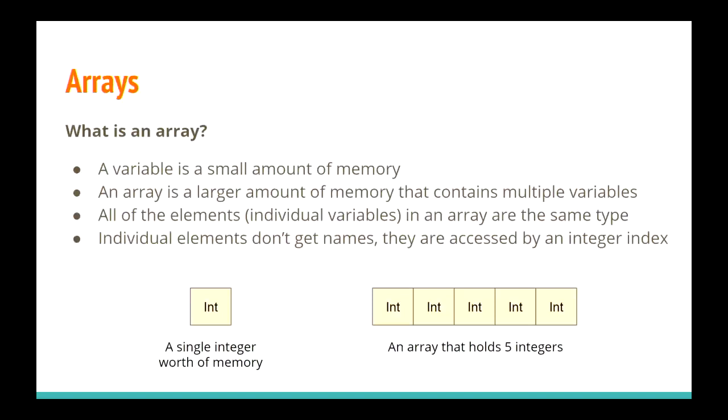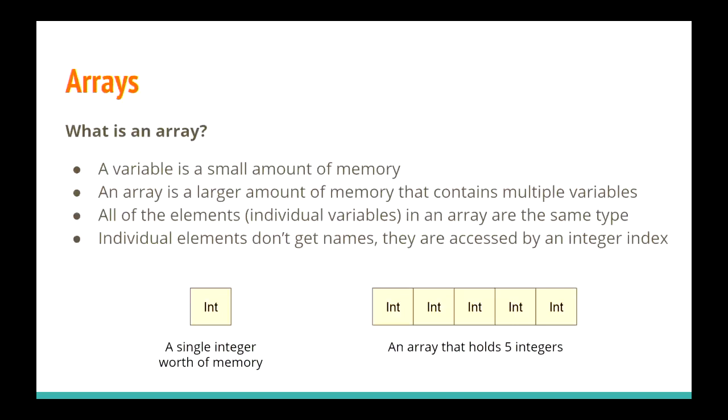The array, then, is not just a single variable. It's the capability to hold multiple variables at once. So instead of just getting enough memory for one integer, if I declare an array of integers, I get given enough memory for a whole bunch of them at once. So when I declare this, it's like declaring a really, really big variable that's cut up into parts, and each part is the size of another variable.